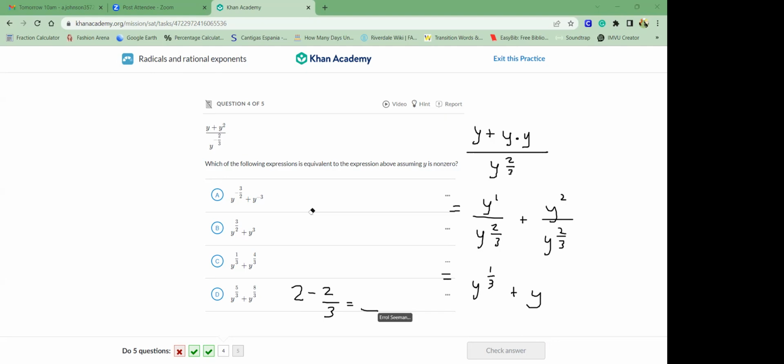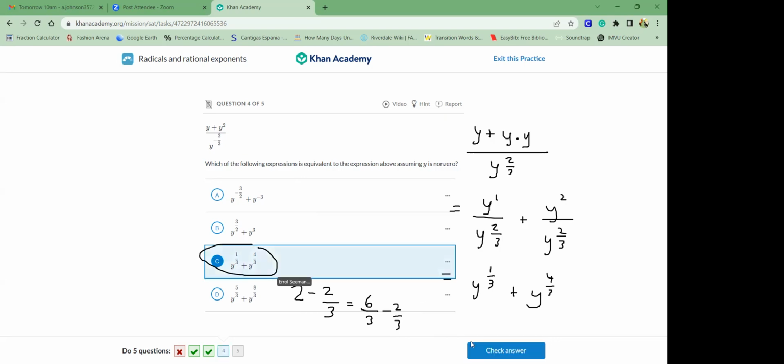No, put this one over 3, right? This is 6/3 minus 2/3, right? Which is 4/3. So do we have that one? 1/3 plus 4/3. This one.